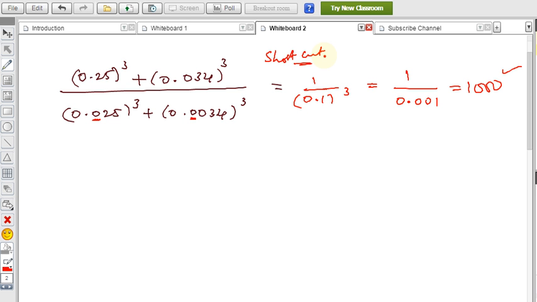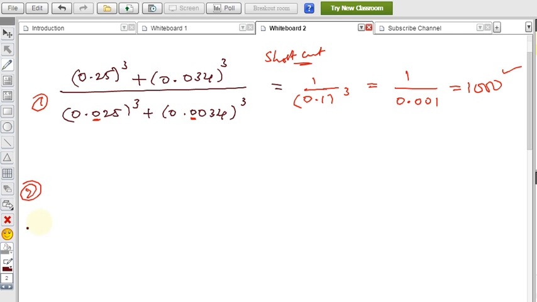Okay, now in the previous case the denominator was smaller. In case the numerator is smaller, how do we do it? This is one example of the second type.